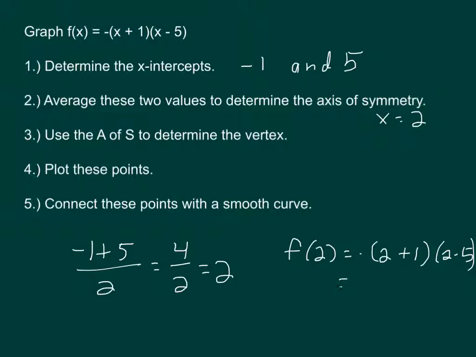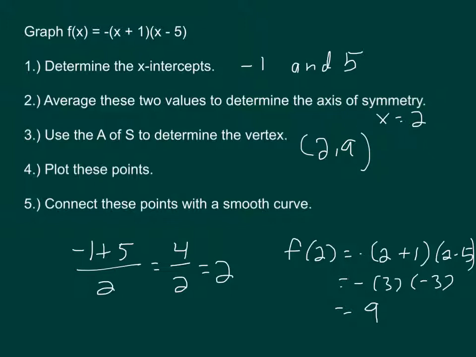Now that's negative 3 times negative 3, which is going to come out to be 9. So I have my vertex at the point 2, 9. And that's all that I really need.